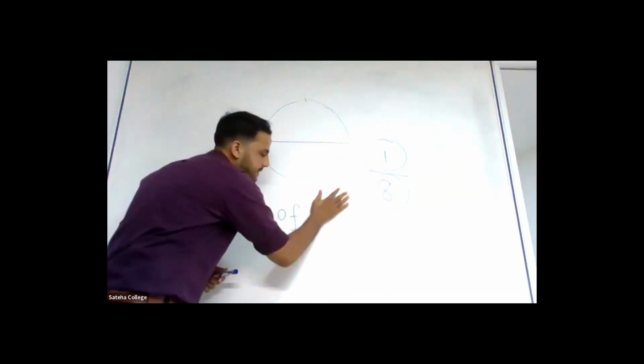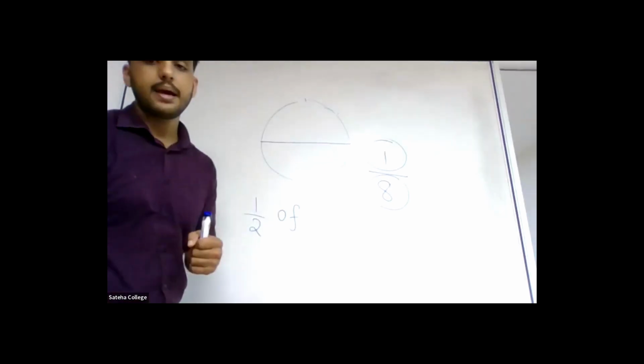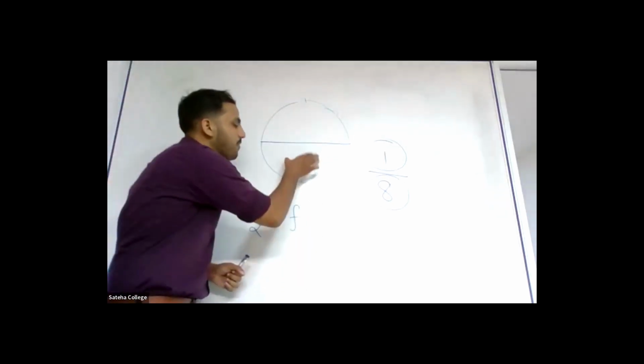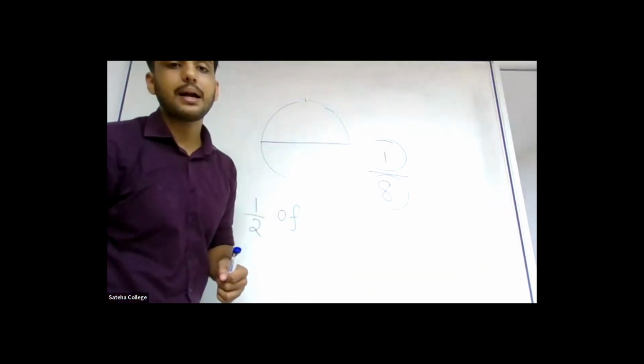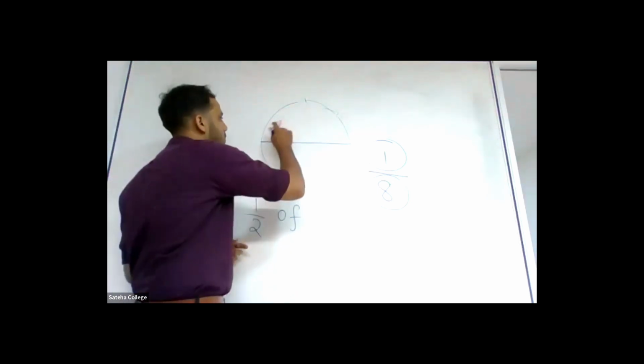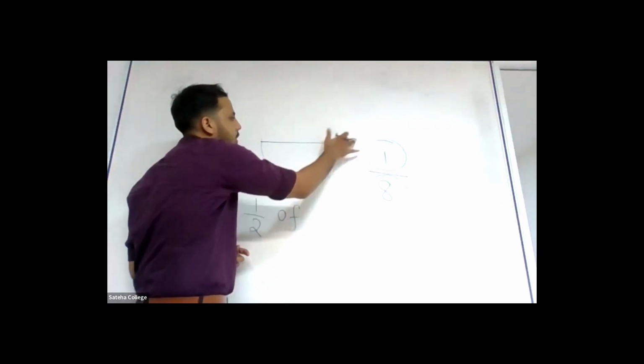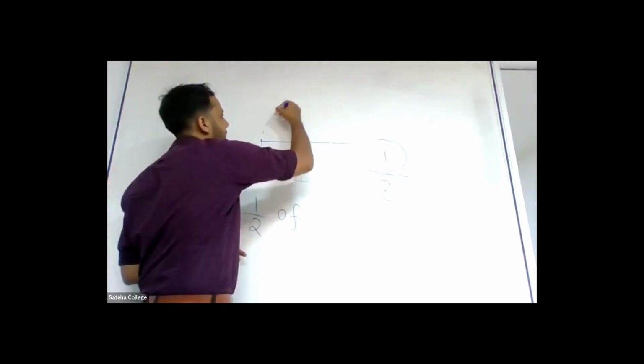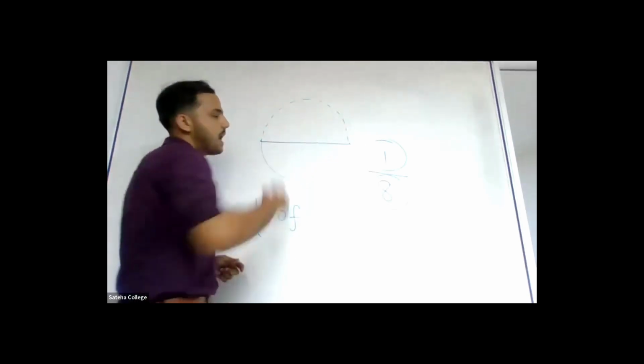Now suppose I say I want half of the remaining part. Very important word. Remember, half of the cake is gone, eaten, let's say. Now the remaining is the other half of the cake.